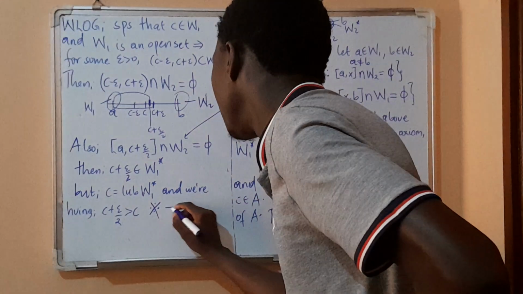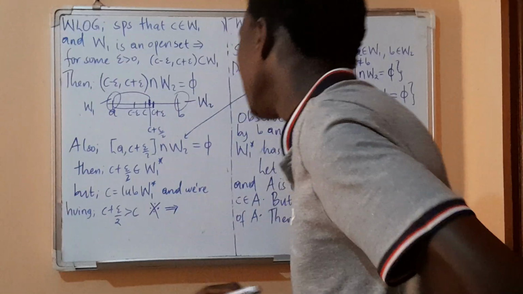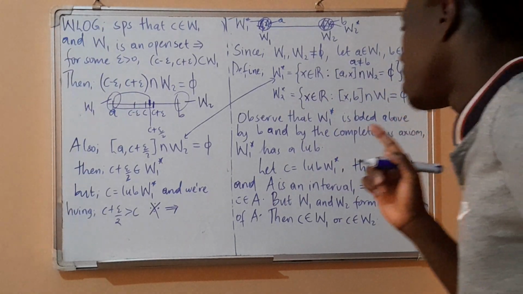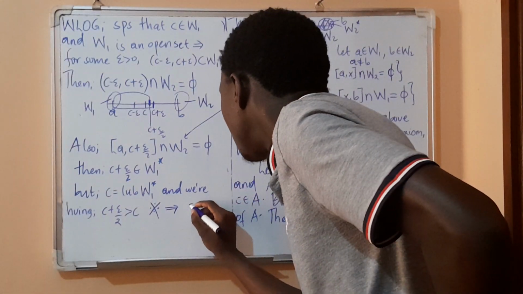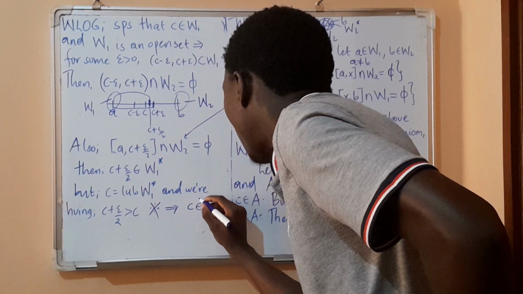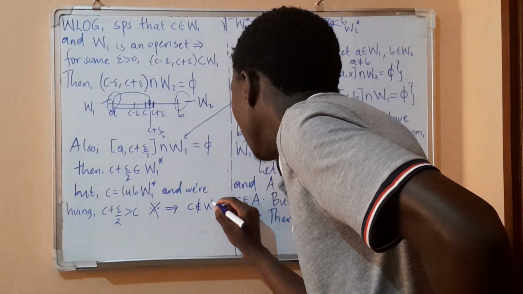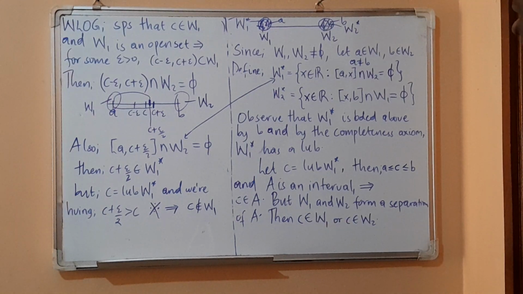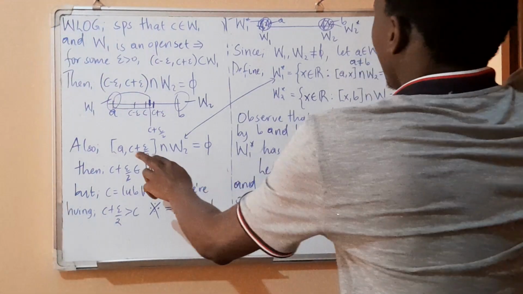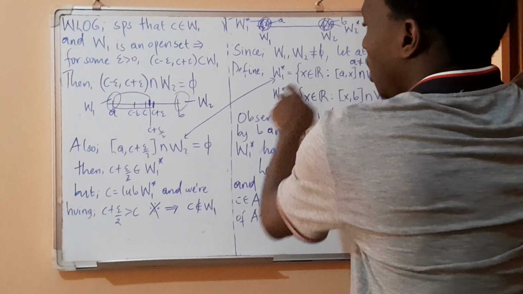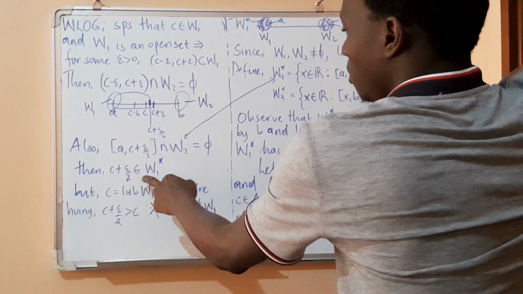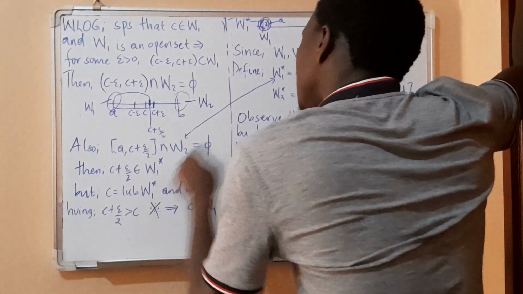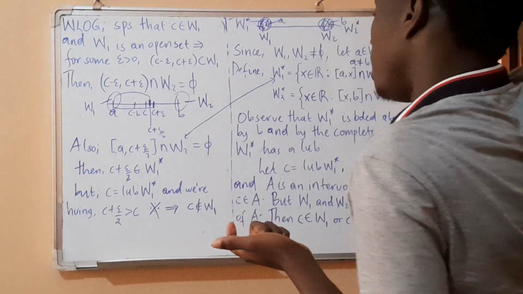So this implies that our assumption was actually wrong. C is not an element in W1. I can repeat. From this relation here, we have concluded that C plus epsilon over 2 is in W1 star. But C is the least upper bound of W1 star.